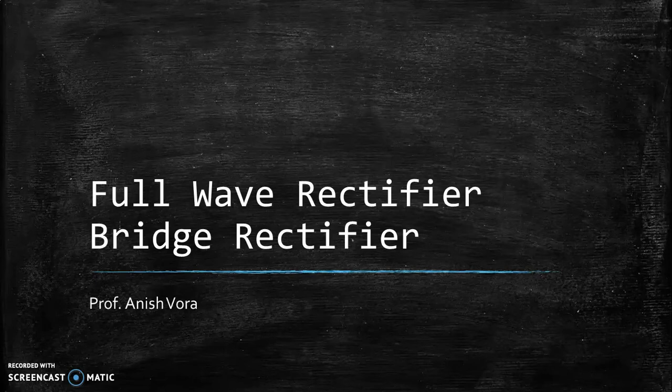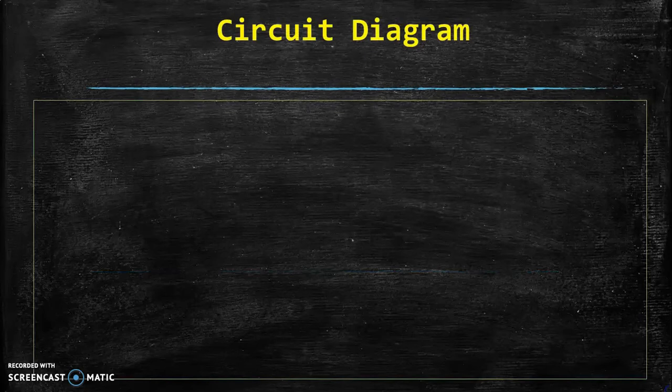One is half wave rectifier and one is full wave rectifier. In case of full wave rectifier, again we have two configurations. One is a center tapped transformer and one is bridge rectifier. In this video lecture, we will study about a bridge rectifier.